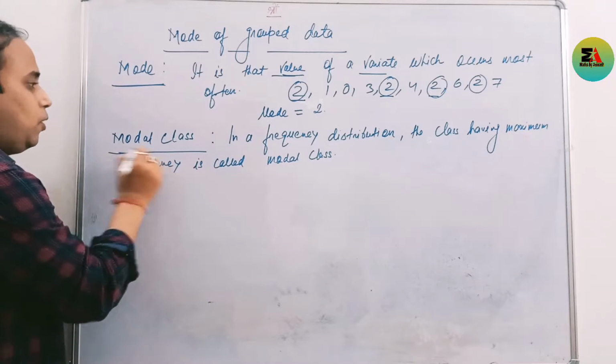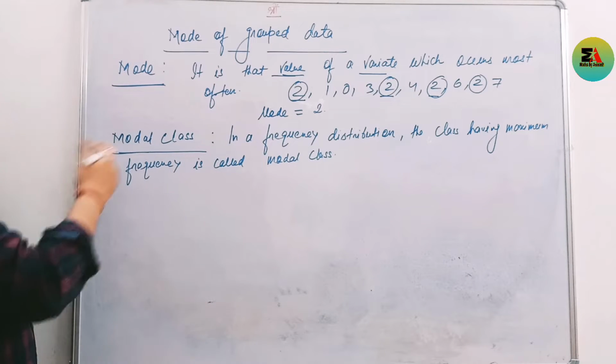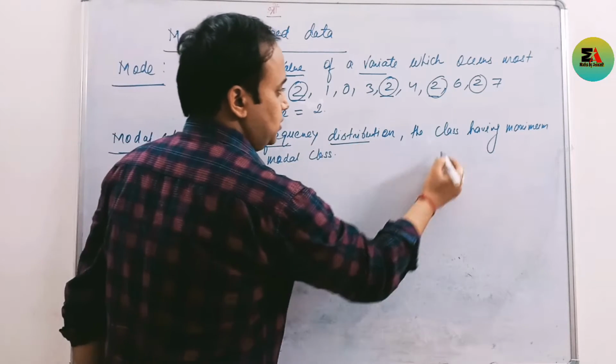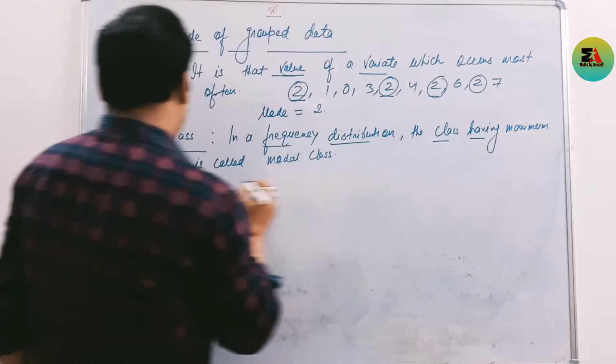Now next we talk about the modal class. What is a modal class? In a frequency distribution, it is the class having the maximum frequency.